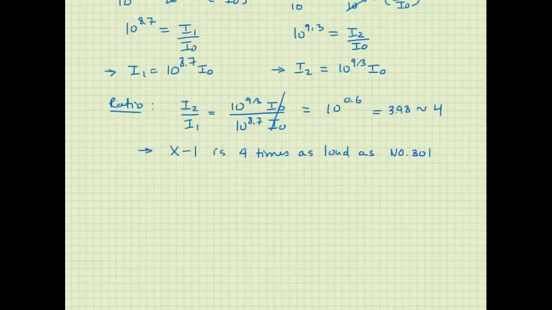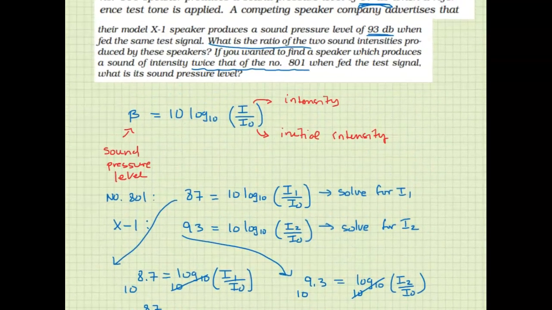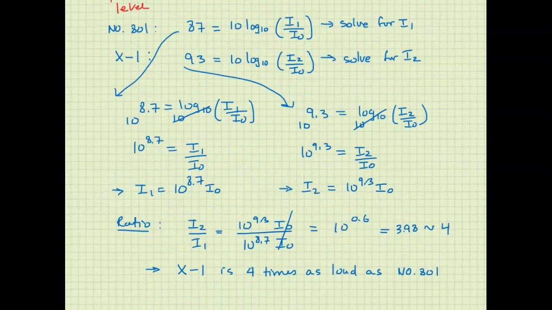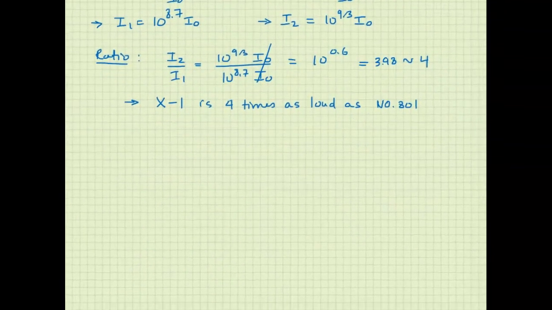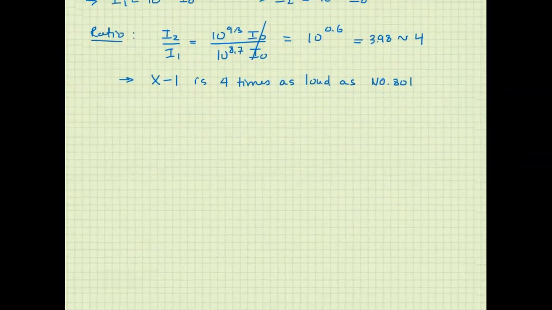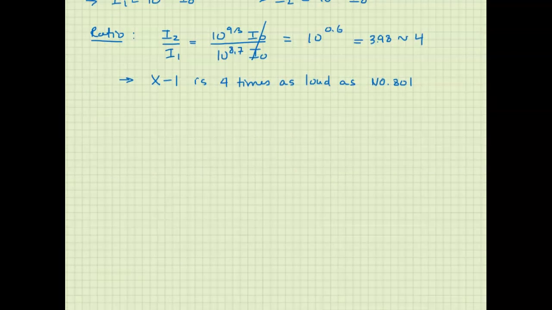All right, so what other question is here? If you want to find a speaker which produces a sound intensity that's twice that of the number 801, what is the sound pressure level? All right, so we are working with a problem. Let's have an I3 speaker, and we want that when compared to the 801, we want that to be 2.